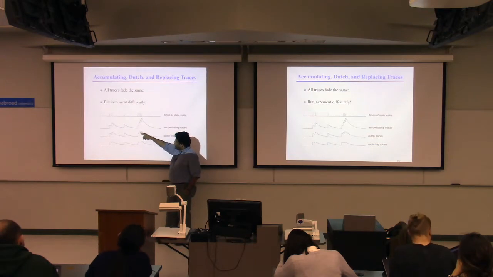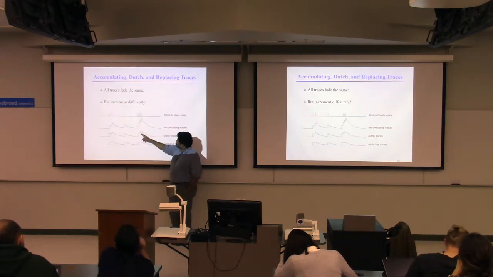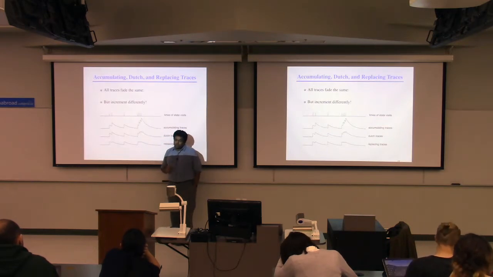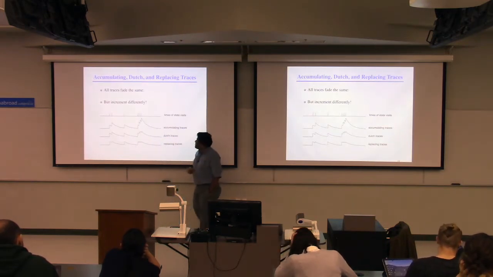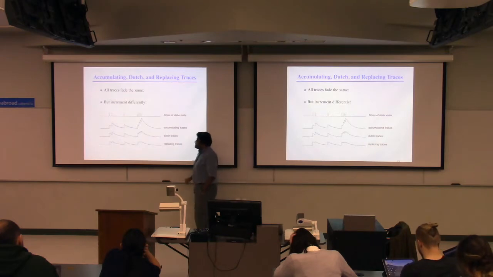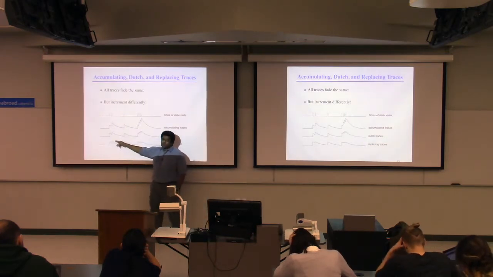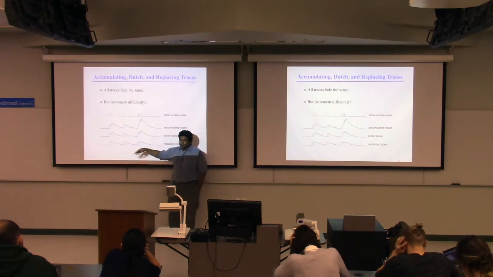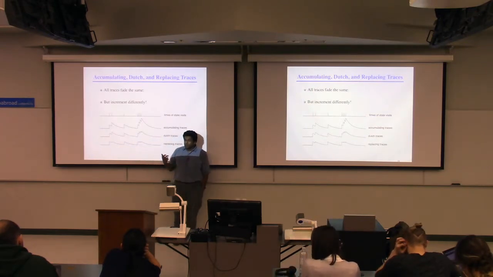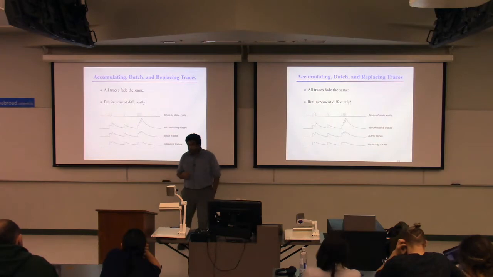But here, it doesn't even go up twice as high. Replacing traces starts at 0, goes up, goes down, but then it goes to a max of 1. Right? So you're really replacing that element of the trace with whatever the feature vector is.